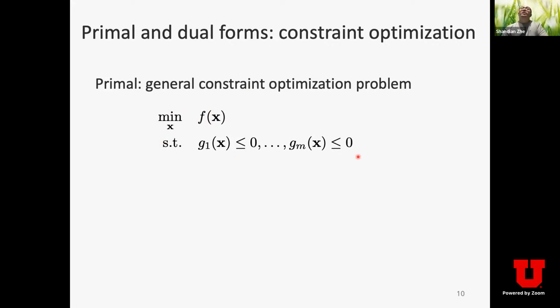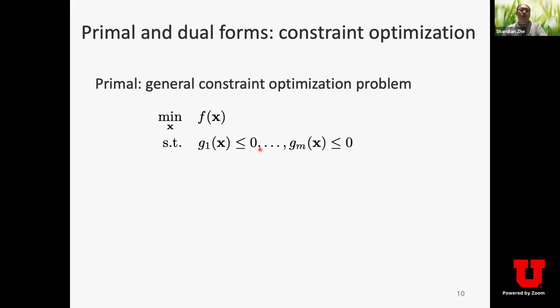Those constraints are represented by m inequalities. g1 of x is less than or equal to 0, g2 of x is less than or equal to 0, until gm of x less than or equal to 0.